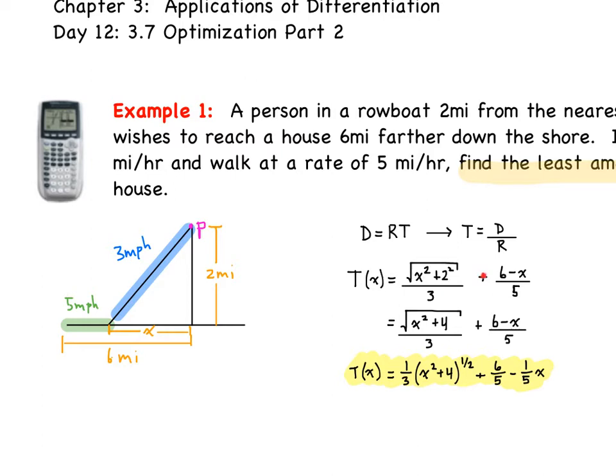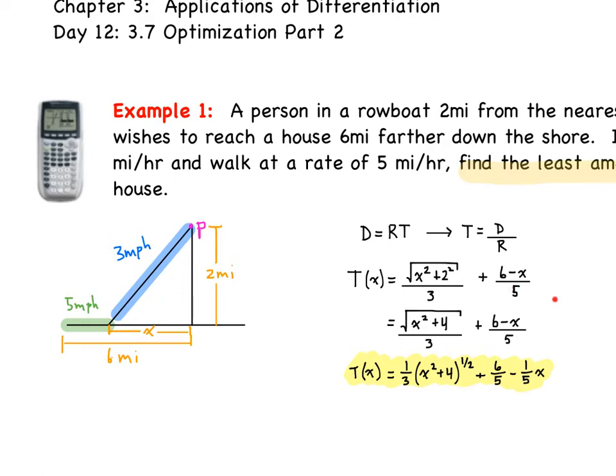And now we need to add that to our time walking. So our distance walking, whatever we went in terms of x, we have to subtract it from 6, okay? So 6 minus x is our distance that we're walking at a rate of 5 miles per hour, okay?